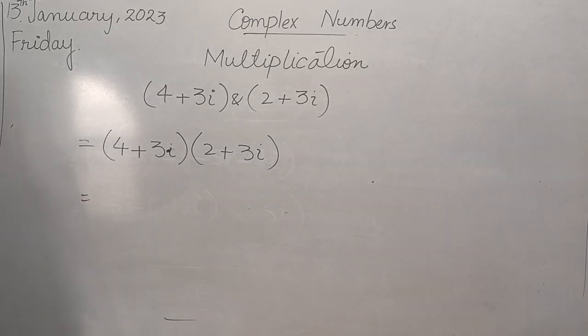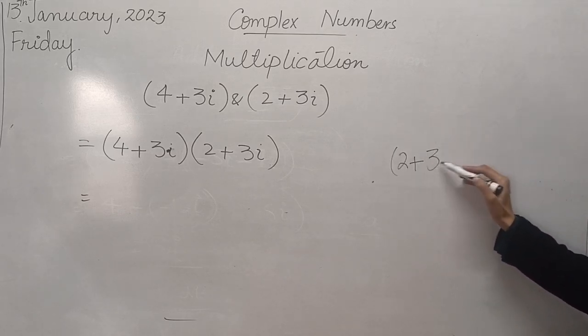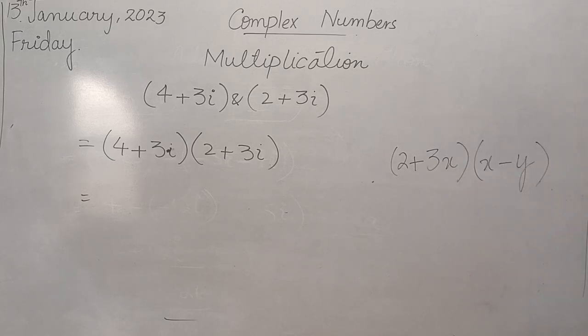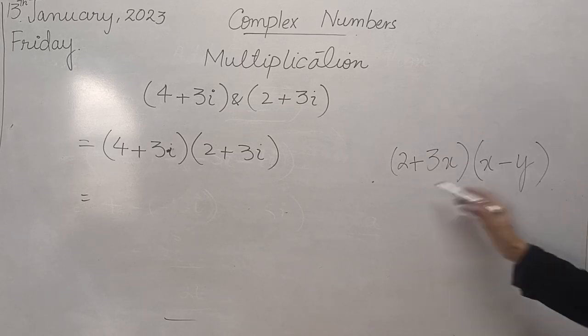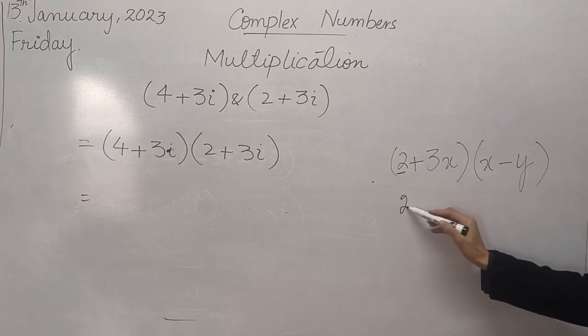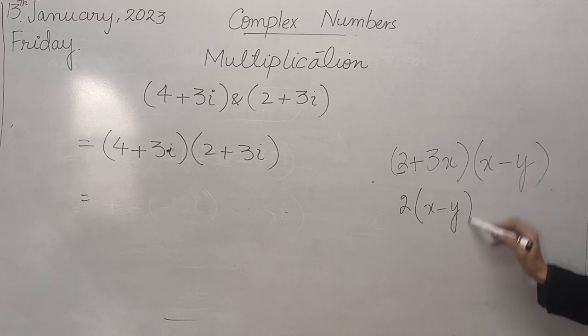Give me any idea, what will we do? Okay, first of all tell me, if we have 2 plus 3x and the next bracket is x minus y, this is an algebraic expression and you already read about them. So how do we multiply these two expressions? First, we take the first number of the first bracket and multiply it with the whole next bracket.